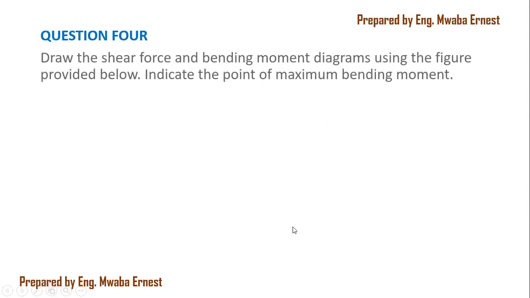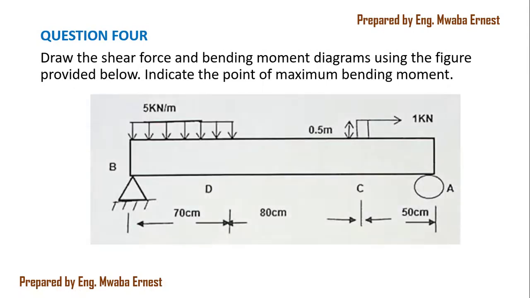Question number 4. Draw the shear force and bending moment diagrams using the figure provided below. Indicate the point of maximum bending moment. This is the diagram being referred to. You can see that this diagram has a combination of a UDL and a moment.